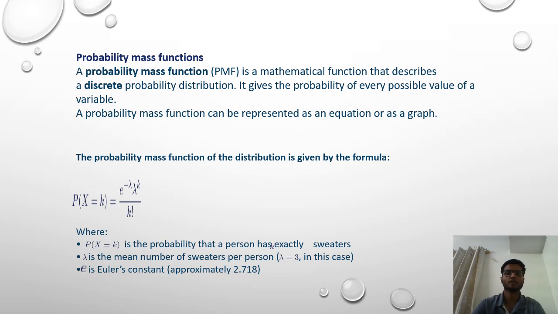The probability mass function of a distribution is given by the formula P(X = k) = e raised to minus lambda times lambda raised to k, all divided by k factorial, where P(X = k) is the probability that a person has exactly k sweaters, lambda is the mean number of sweaters per person, and e is Euler's constant.